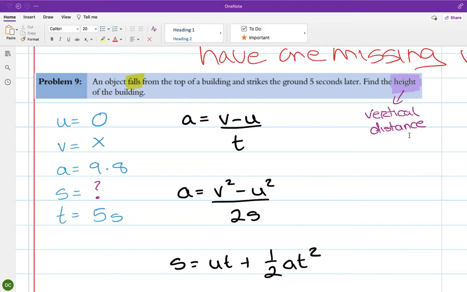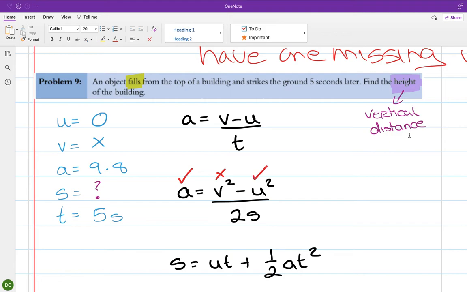Right, so which one is going to work? I'm trying to find S, so S is my question mark. Which means the top one is out because it doesn't have an S. I'm not going to eliminate it just yet because I might need to double up. Let's do ticks on the second one. I have acceleration. I don't have final velocity.